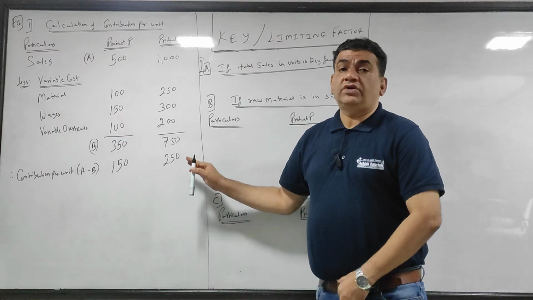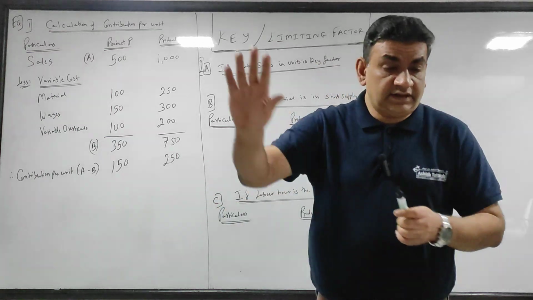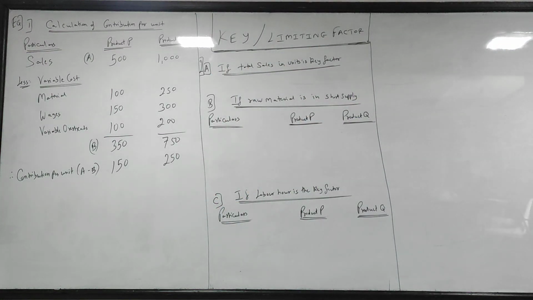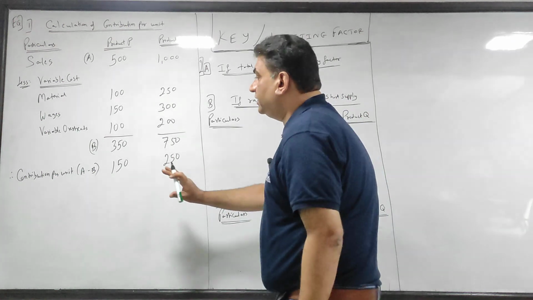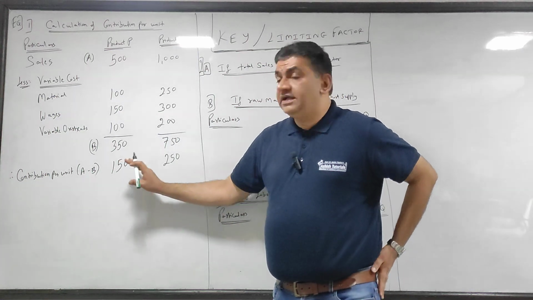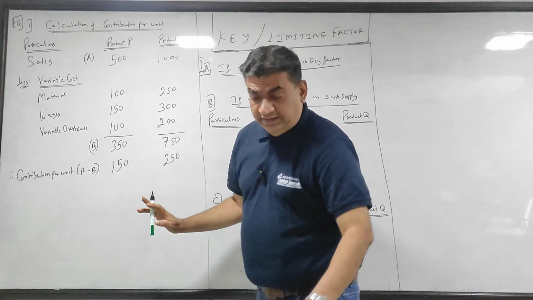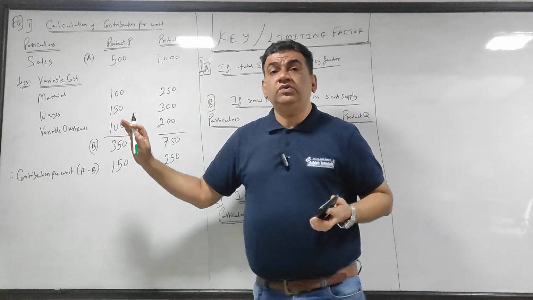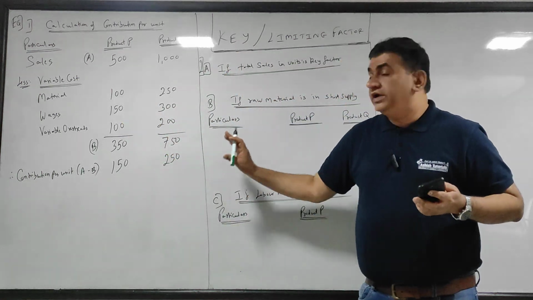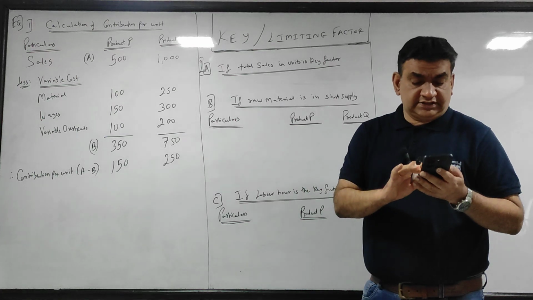This is my contribution per unit. This is what I want. So contribution per unit of P 150 and Q 250. Okay, as I told you, contribution per unit will be the base for all the parts.